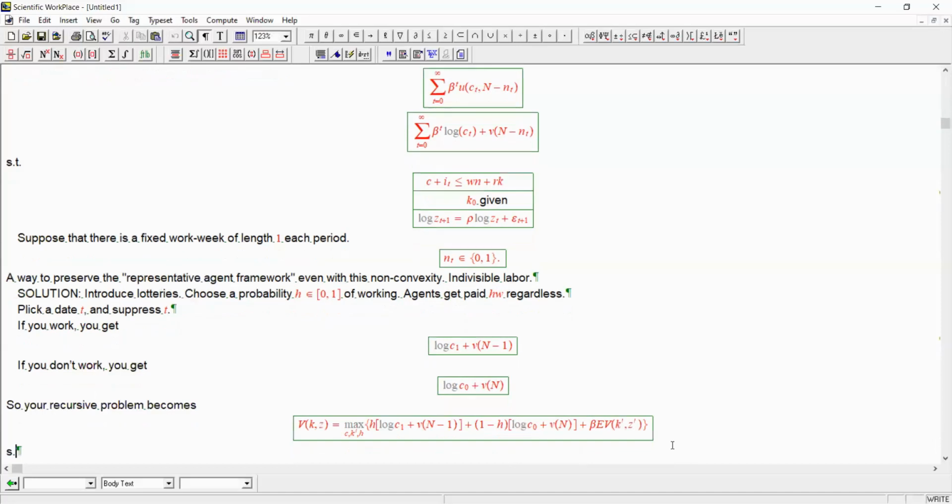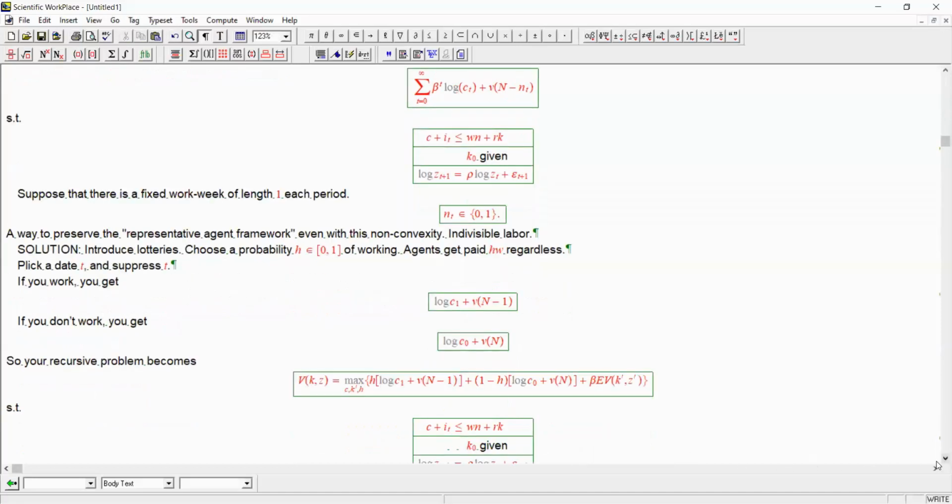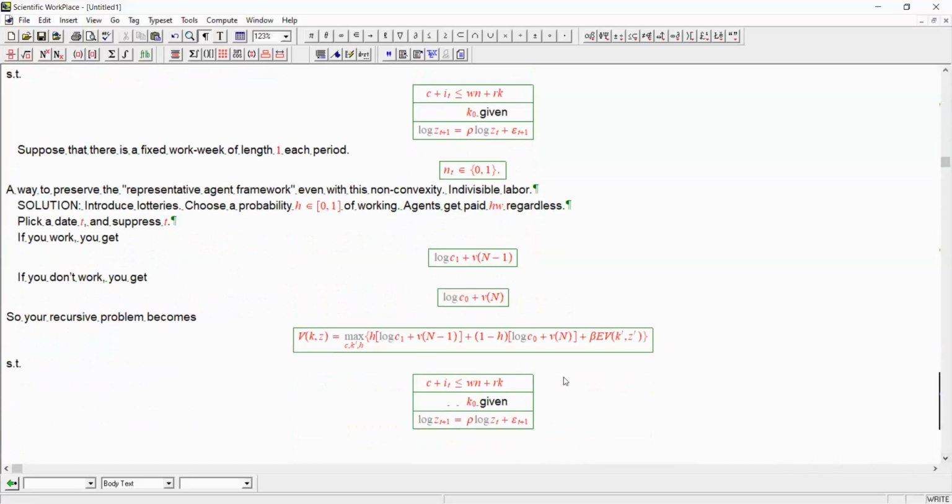Subject 2, what's your budget constraint going to look like now? Well, with probability h, you get C1. With probability 1 minus h, you get C0. And that's it. Now, remember that you're getting paid HW regardless.